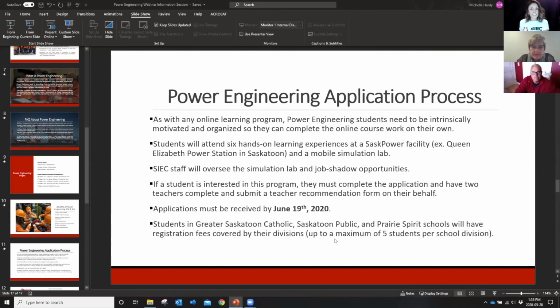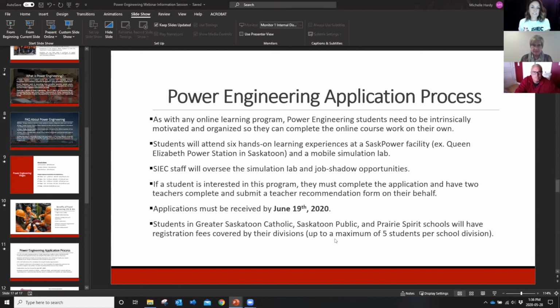Students who are interested need to complete an application, and they need to have 2 teachers complete and submit a teacher recommendation form on their behalf. With this program, because we've worked with the school divisions and have an agreement for them to pay for up to 5 students per semester to take these programs, we have an application process that they go through, which is an extra step that students don't have to do if they're in Prairie South.